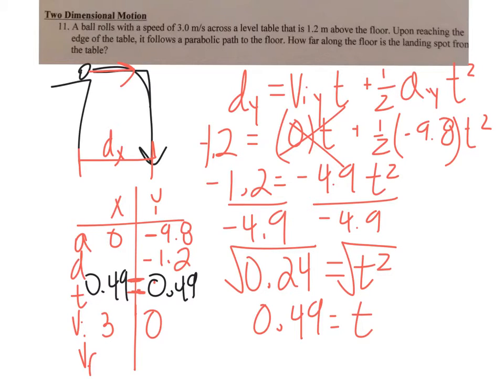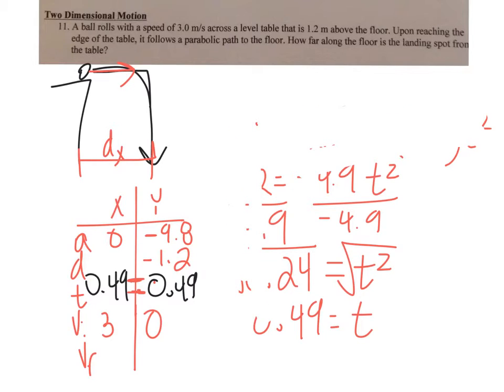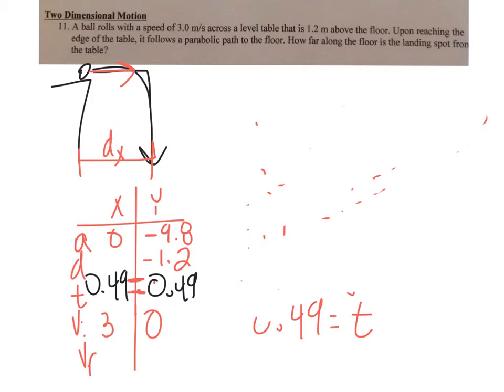All right. So you can use that to find the rest of it, to find your distance. My app is being really slow, guys. So let me erase some of this so we can have room to work out the rest of it. You're going to use your distance formula again to find your horizontal distance, but this time in the horizontal.